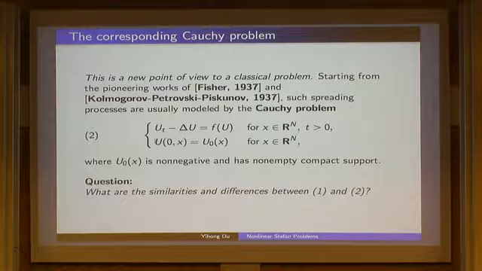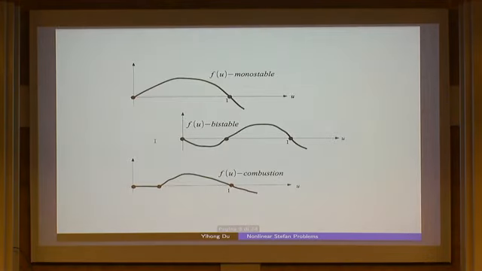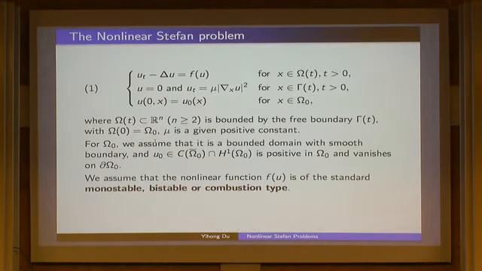But now I just want to ask the question. If we have this classical Cauchy problem to represent the spreading of a species, and then we propose this new free boundary problem, the same kind of equation, the only difference is that now x varies on a moving, changing domain.